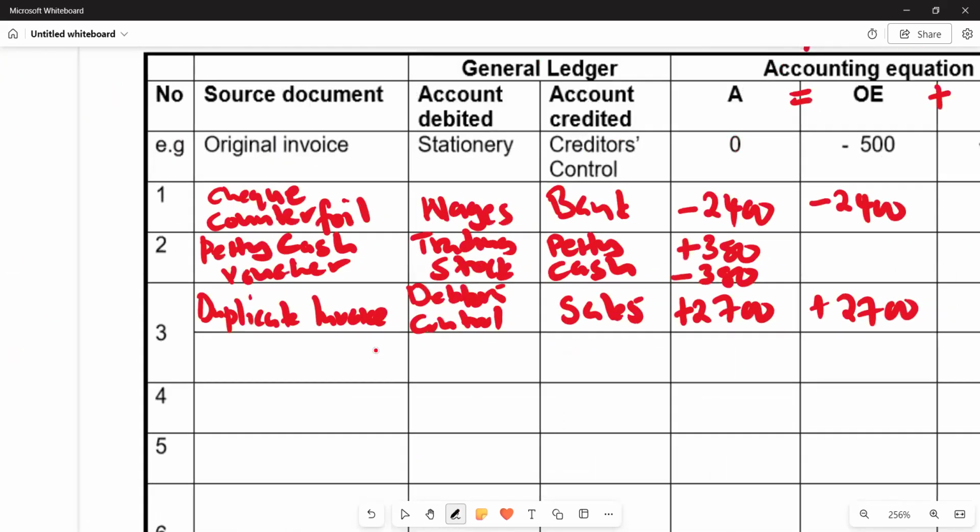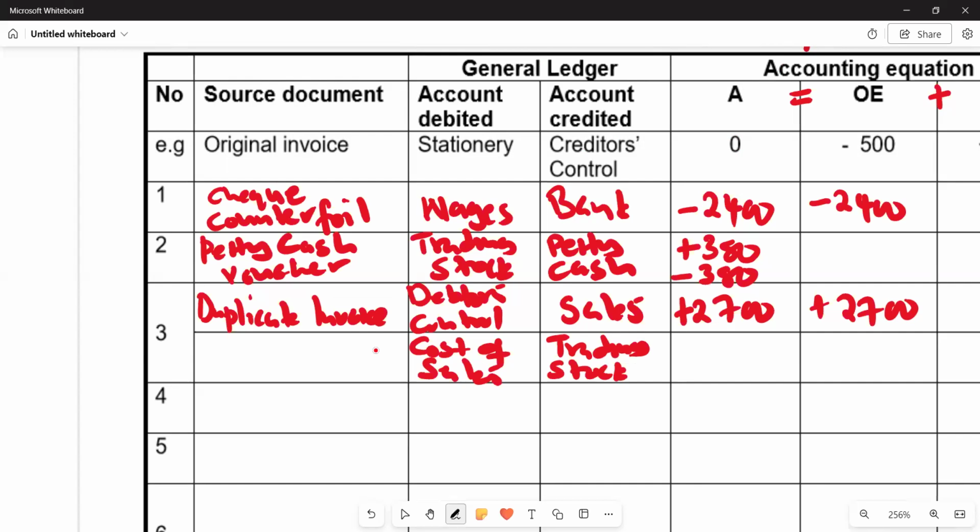So we come here. We are saying account to be debited, it's cost of sales. Account to be credited, we are saying it's trading stock.